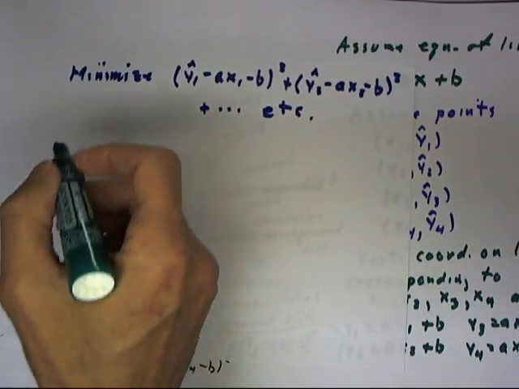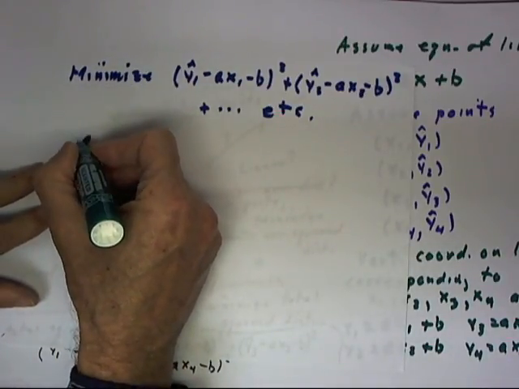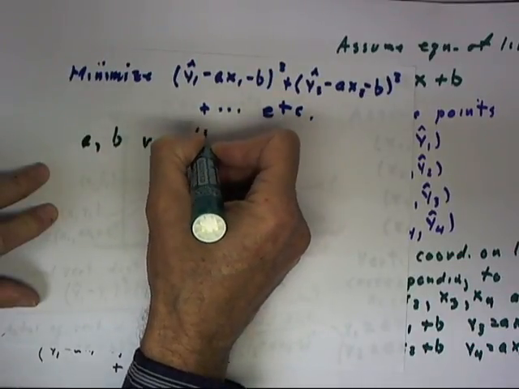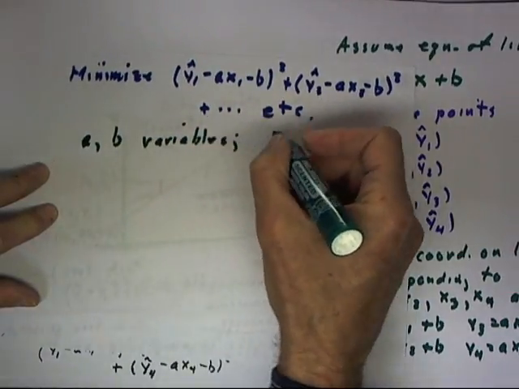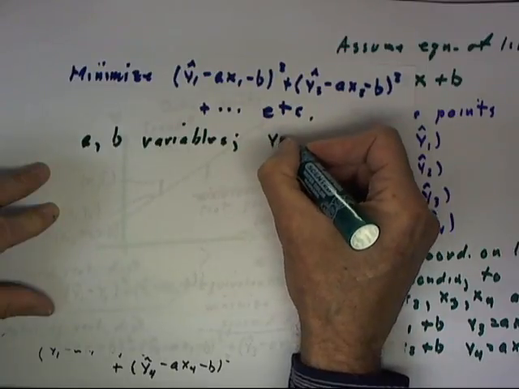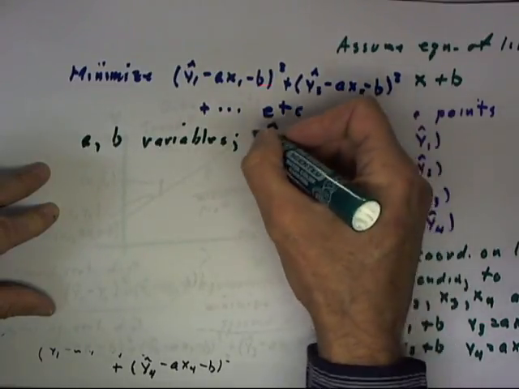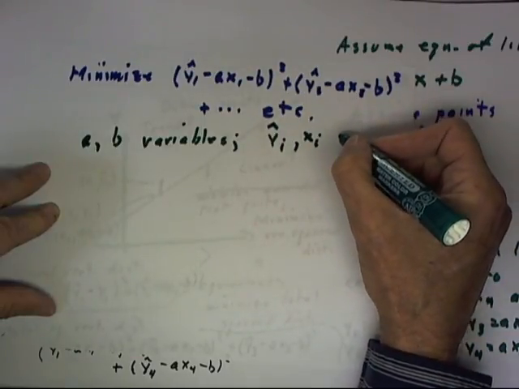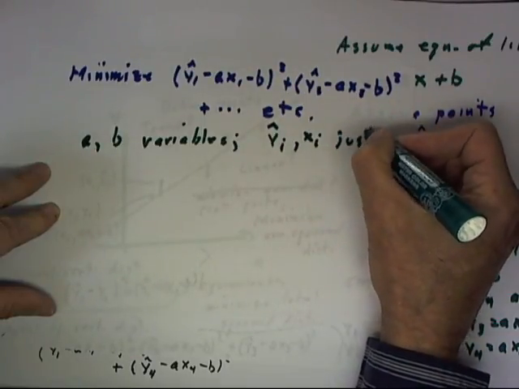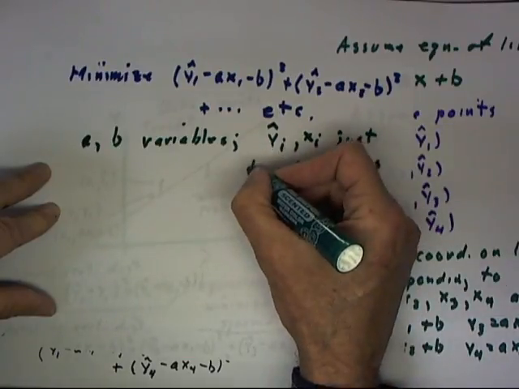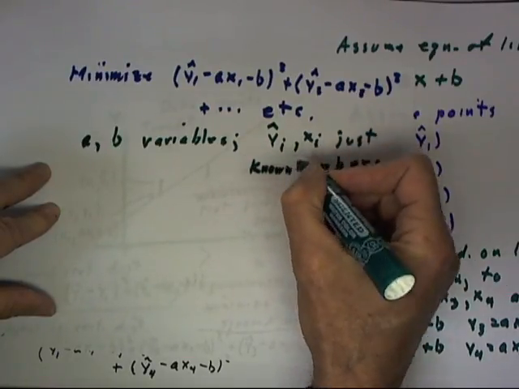So we can say that a and b are variables, while y sub i hat and x sub i hat are just numbers. And they're known numbers.